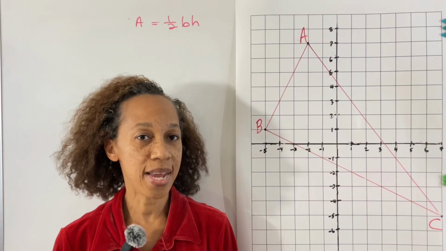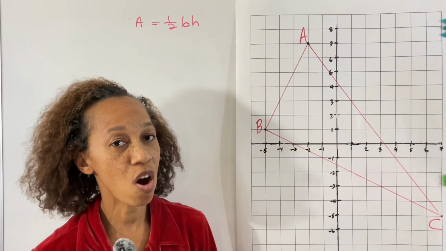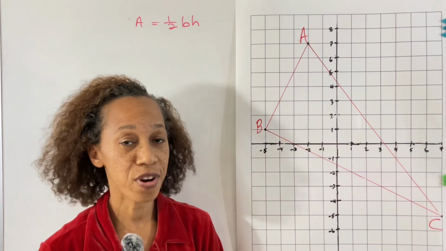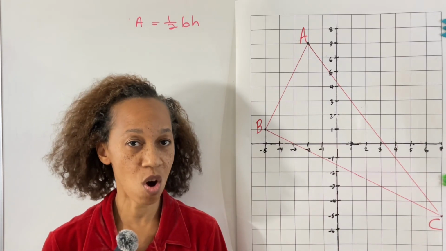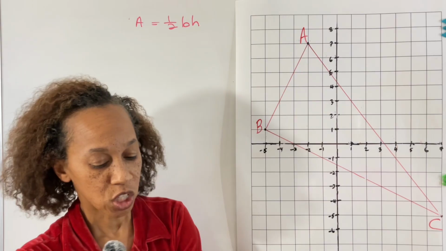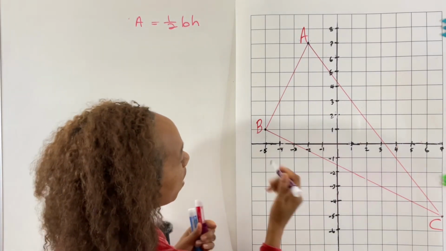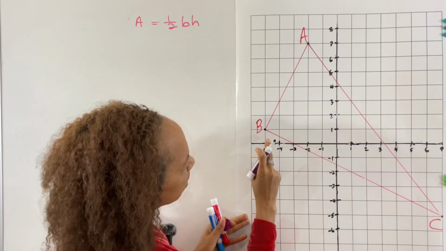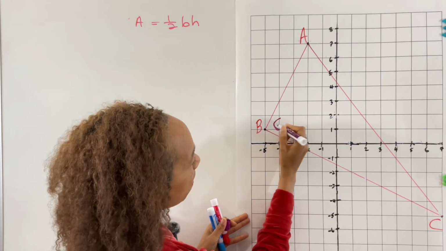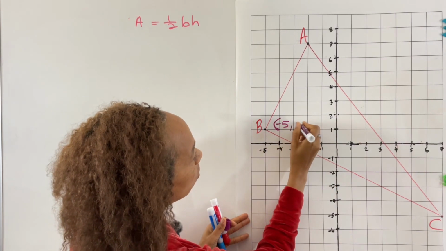So in applying the distance formula to find the area of this triangle, we first have to find the coordinates for each of these points. We have to look at each one of these points and determine the coordinates. E is located at -5, 1.